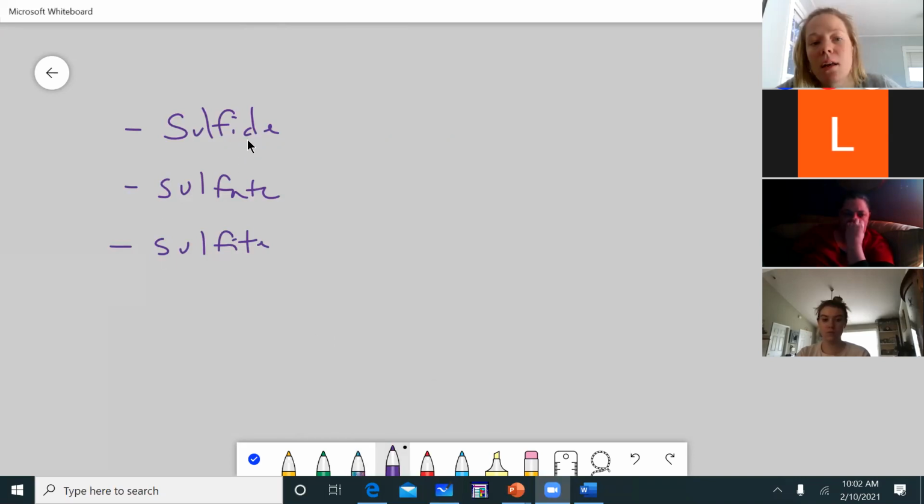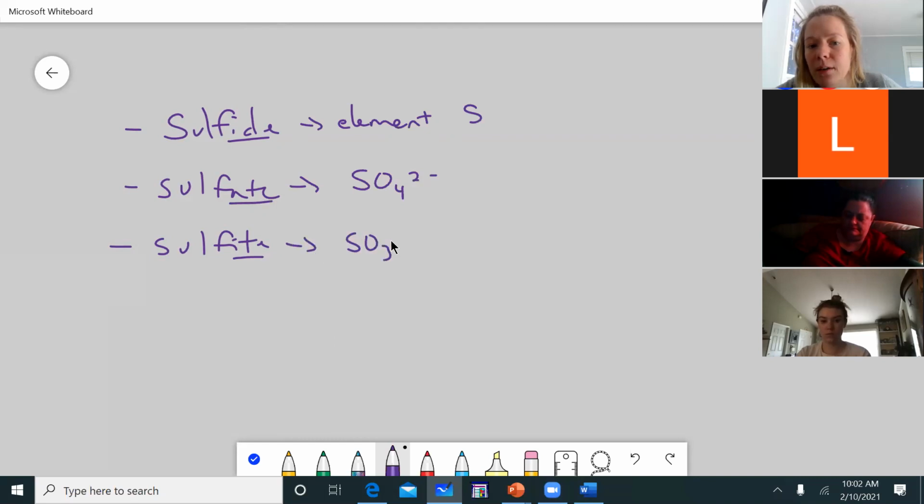This one here, the IDE is indicating that we're talking about the element. So this is in fact the S, okay? ATE and ITE are polyatomic ions. So sulfate is SO4 with a 2- charge, and sulfite is SO3 with a 2- charge.